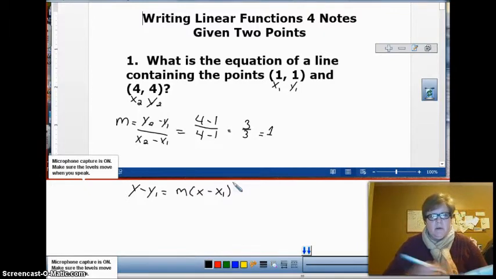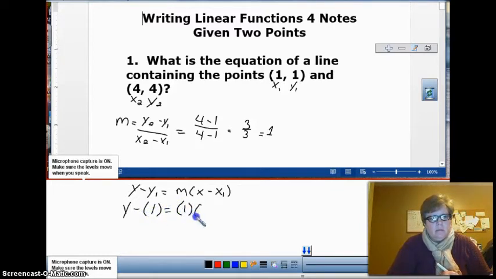Okay, so up here I have x1 and y1, and m is the slope, which we just found. So I can substitute y1 with 1, m with 1, x minus x1. x1 is also 1. So I've substituted a whole bunch of ones, each one a different variable, but same value.